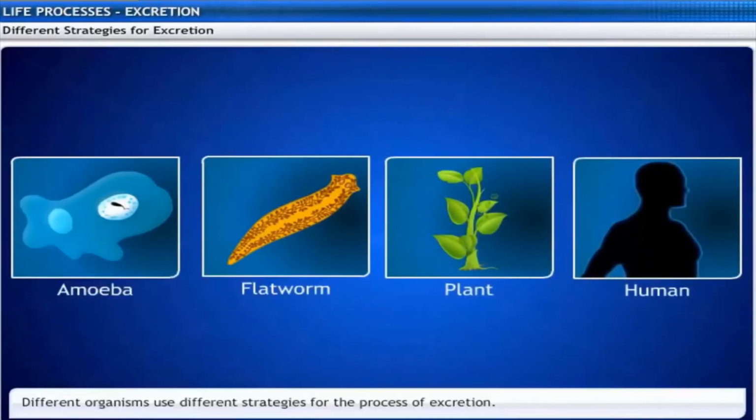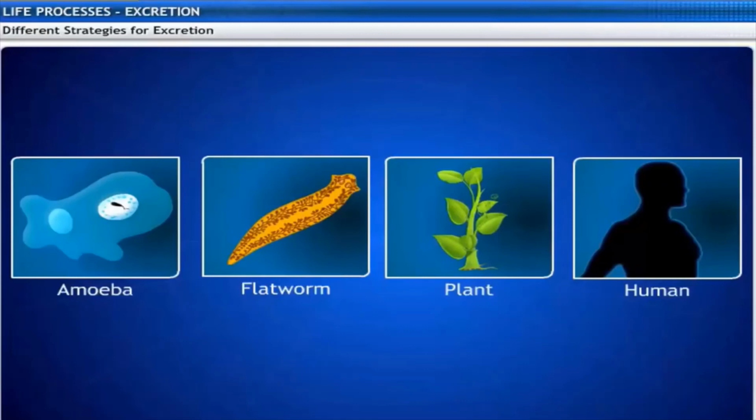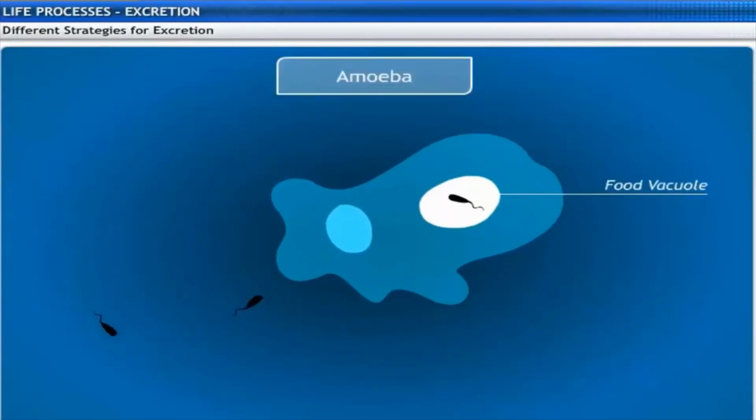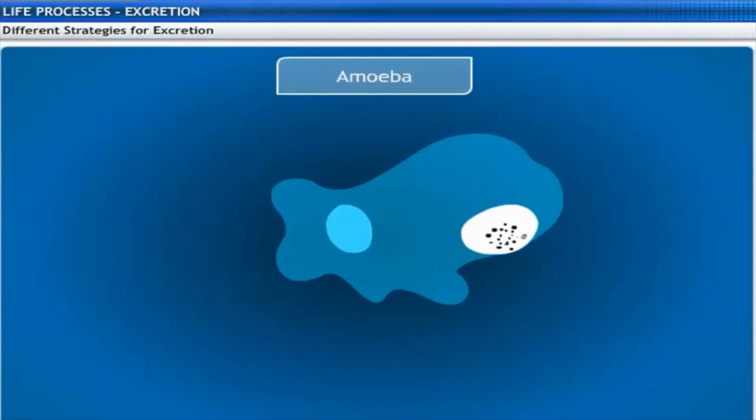Different organisms use different strategies for the process of excretion. Unicellular organisms such as amoeba remove wastes by simple diffusion from the body surface into the surrounding water.